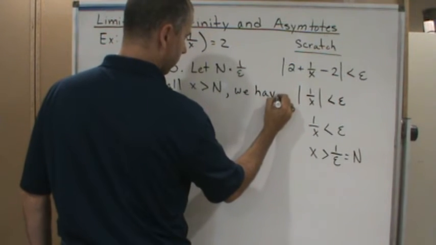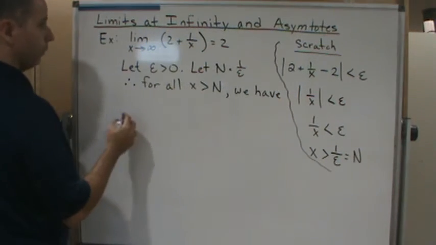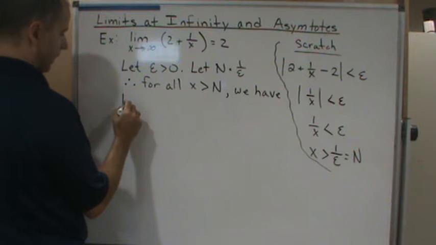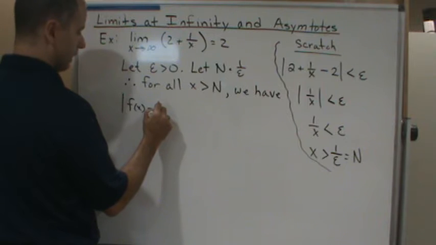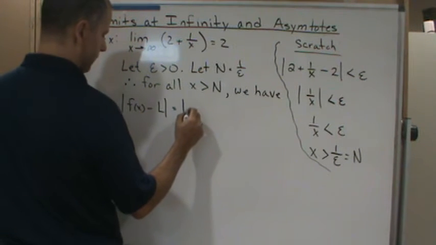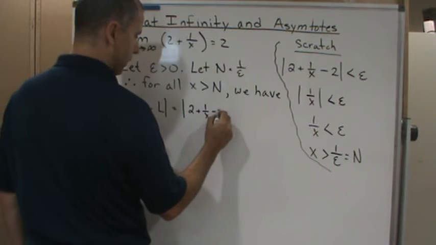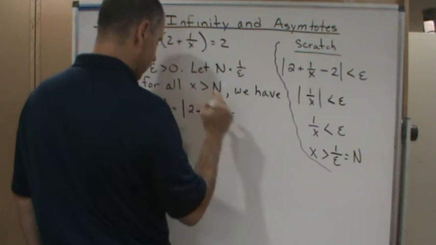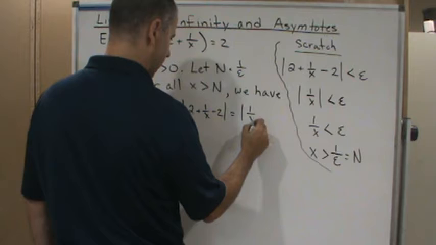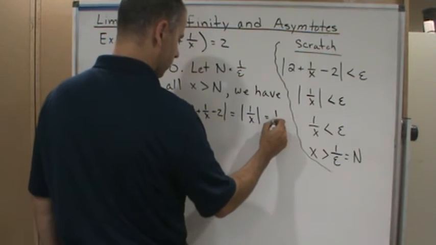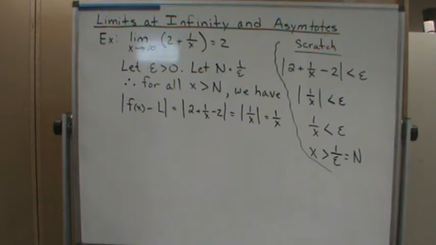We have the absolute value of f of x minus L is equal to the absolute value of 2 plus 1 over x minus 2, which is equal to the absolute value of 1 over x, which is equal to, well, do I need to go that far? Yeah.